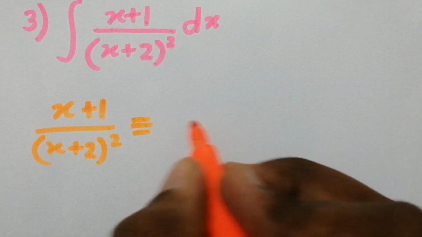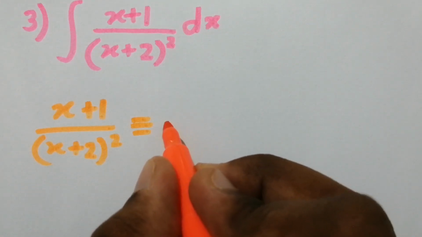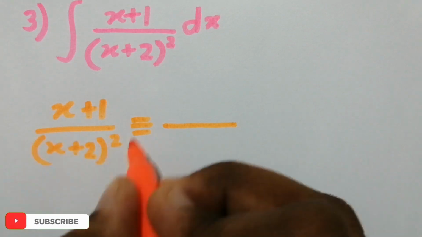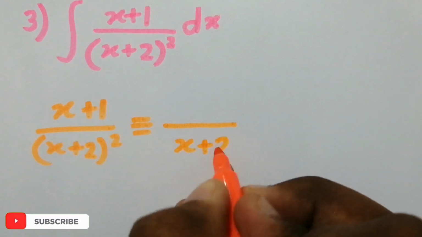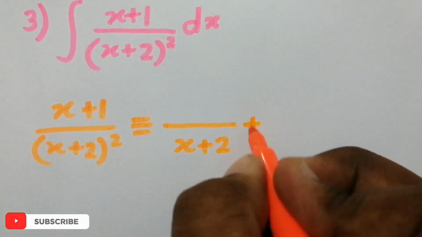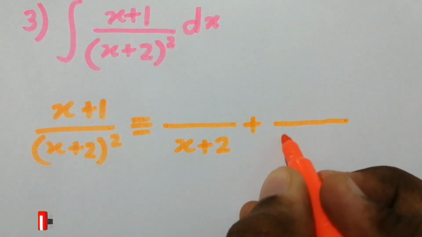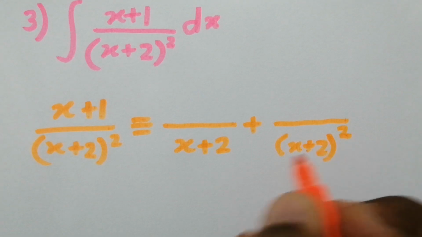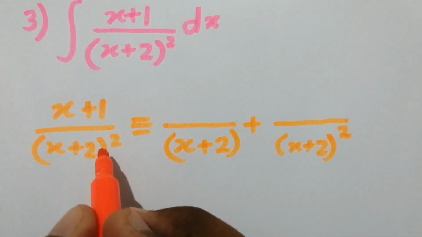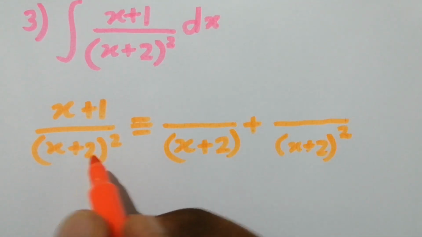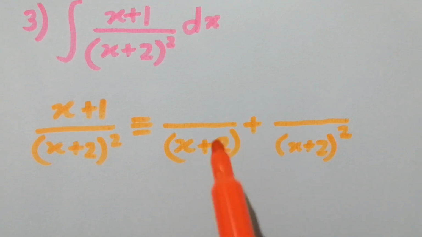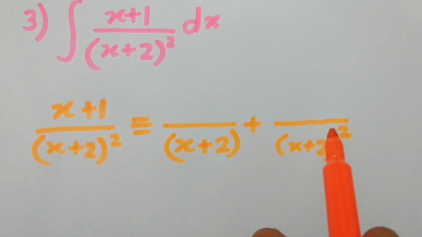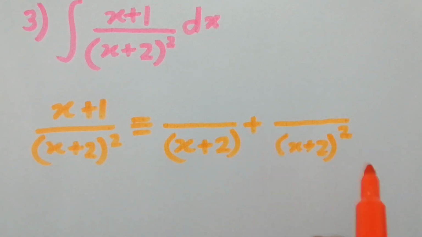You know, when expressing this as partial fractions, the way is somewhat different. Here we have to take x plus 2 plus another term (x plus 2) with the power 2. When there is a power for the linear function, we have to separate the partial fractions by increasing the power 1, 2 and so on.